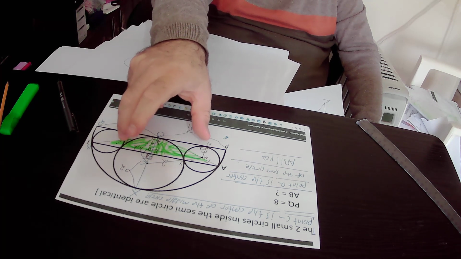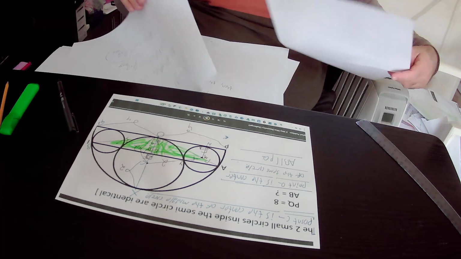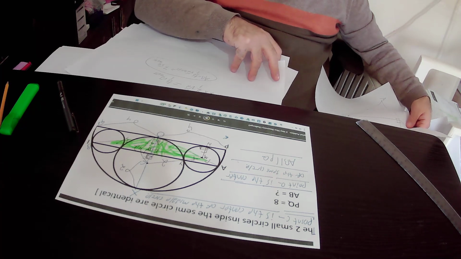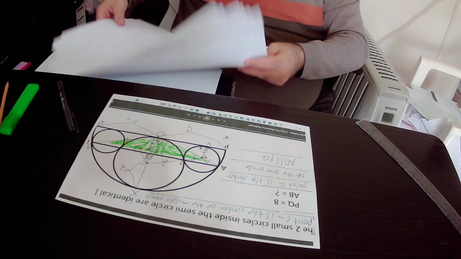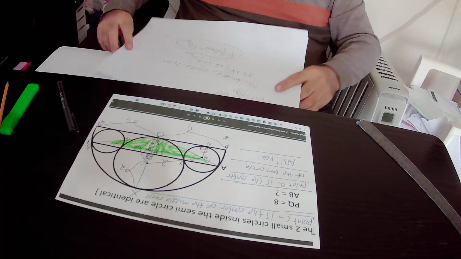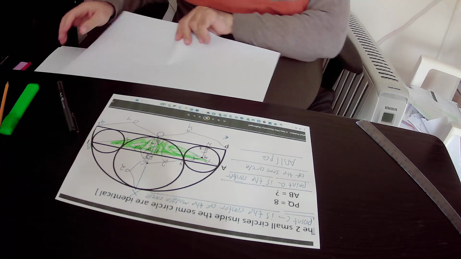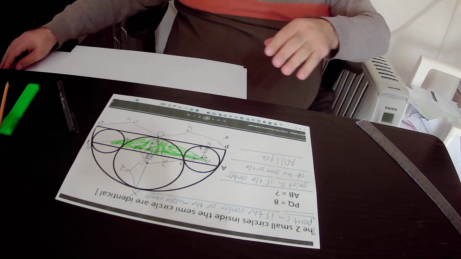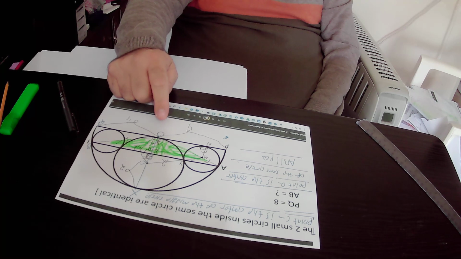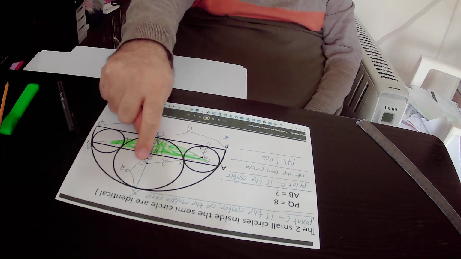Those 2 small circles are identical, and the center of the semicircle is at point O, and the center of the middle circle is at point C.